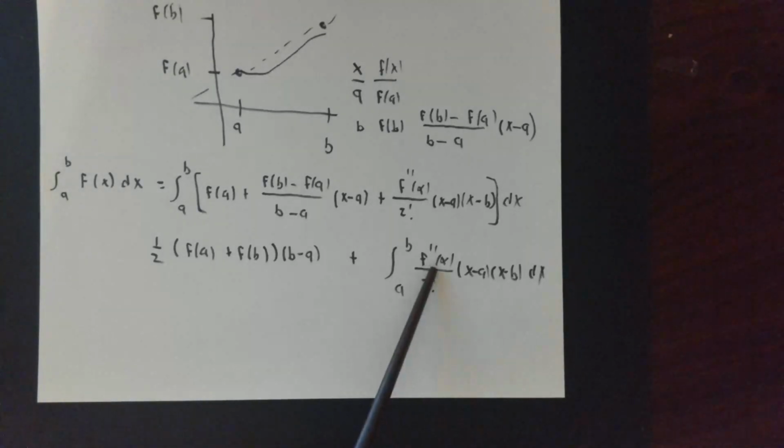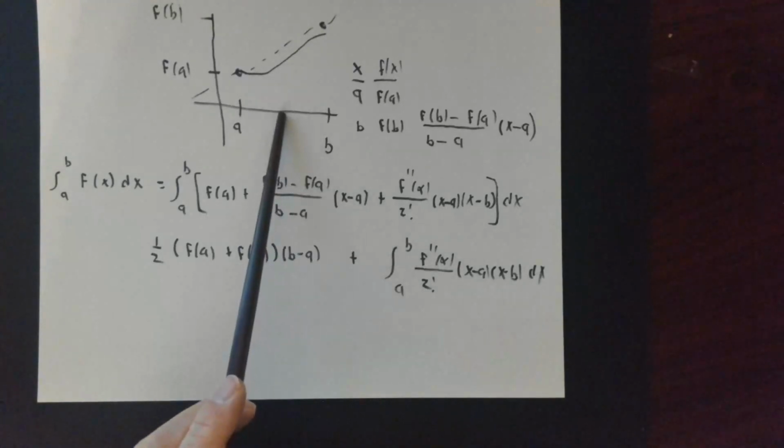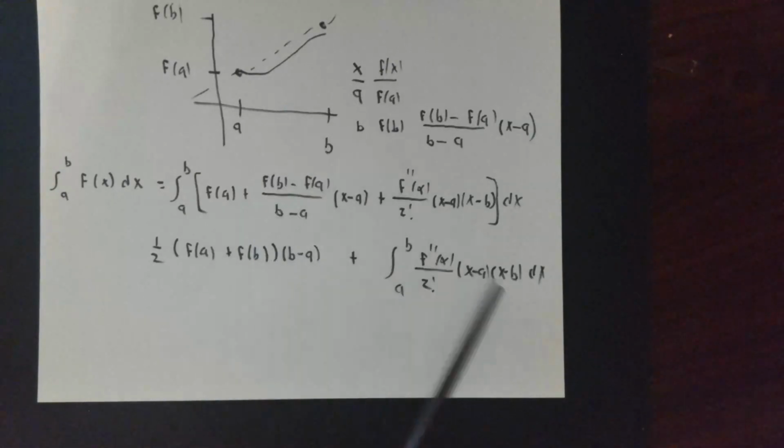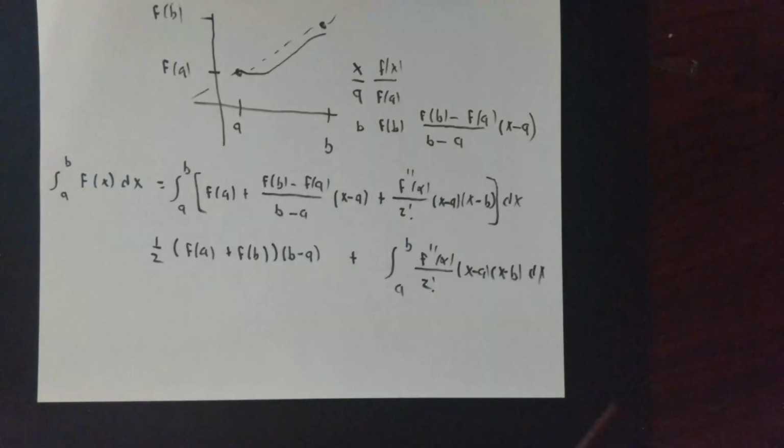The rest of it, (x minus a) times (x minus b), within this interval, x minus a is always non-negative, while x minus b is always non-positive. This product, (x minus a) times (x minus b), is non-positive. It's integrable, and it doesn't change sign on the interval from a to b.